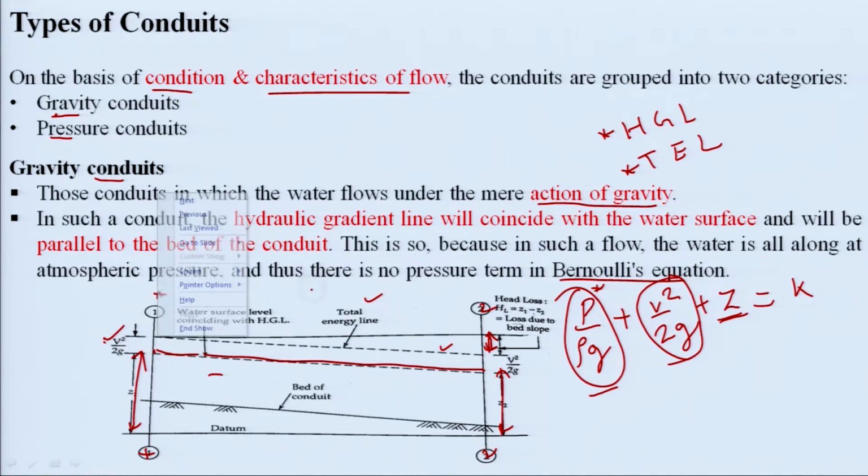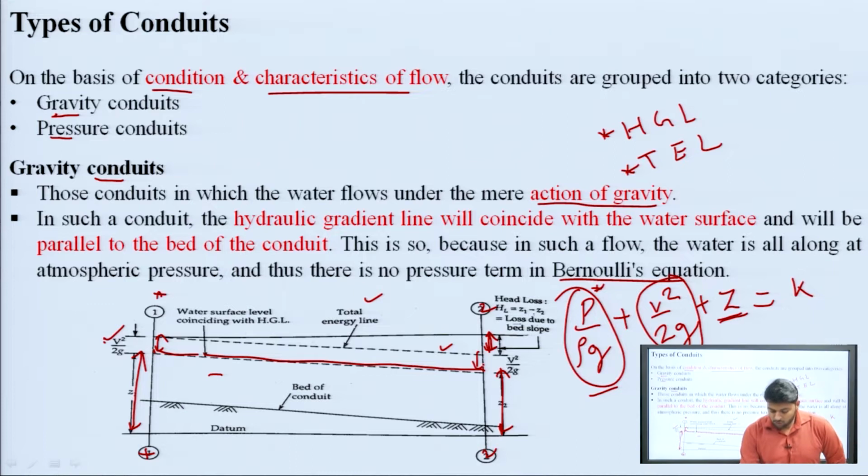So, in order to get the total energy line we have to add velocity head, and the velocity head at this point is V square by 2g and at this point V square upon 2g. So, this can be represented as mentioned in the figure.